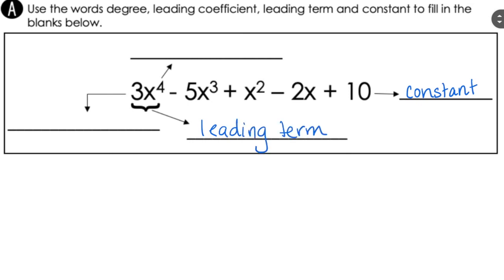So go ahead and fill that in. Now we are here. And that is just my leading coefficient. We fill that in. And then the last piece is this. And that we would normally call an exponent, but since this is the exponent of my leading term, we're going to call this the degree.